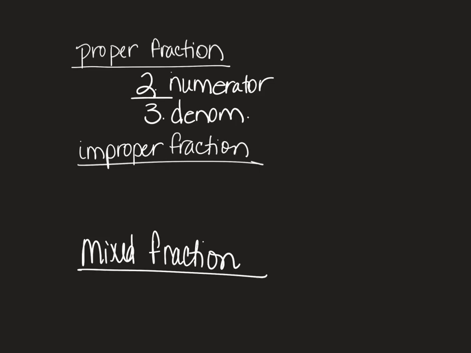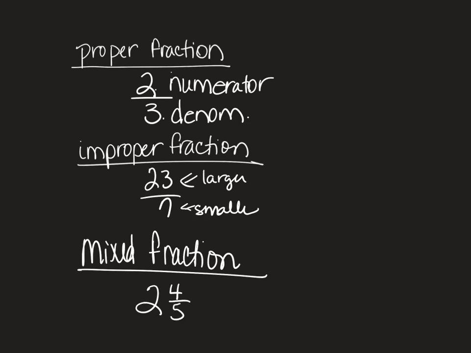An improper fraction is the opposite. An improper fraction would be 23 over 7. Think about it being top-heavy. The larger number is on top, and the smaller is on the bottom. That is an improper fraction. And of course, a mixed fraction has a whole number and a fraction. Okay, and that's what a mixed fraction is.